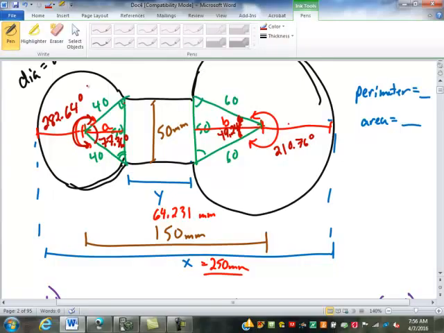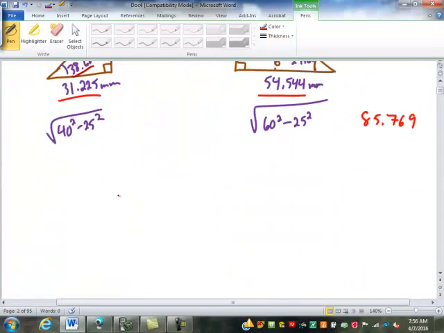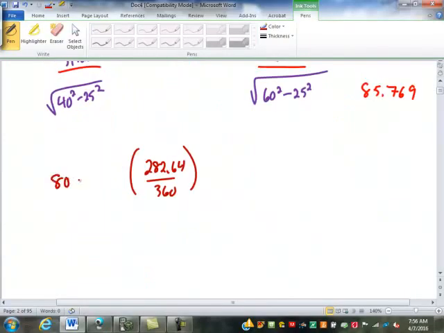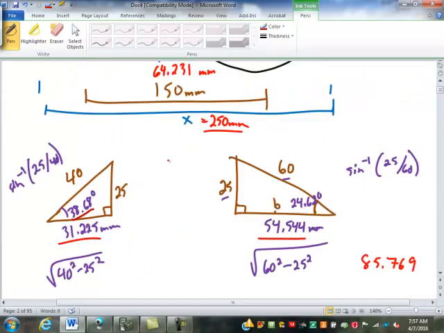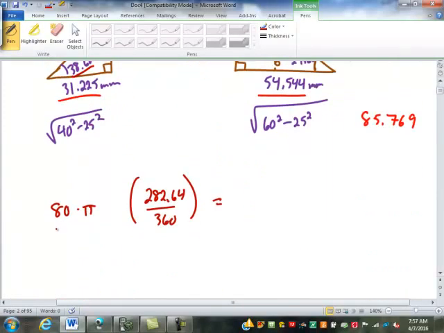Let's do the perimeter. 282.64. That diameter is 80, so it'll be 80 times pi times the 282.64 over 360, which finds that arc around this circle here, all around here, right? What do you get?